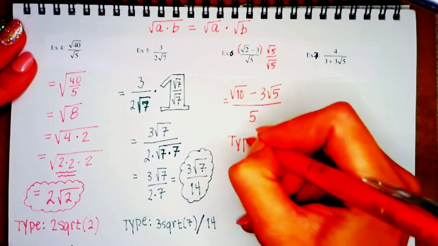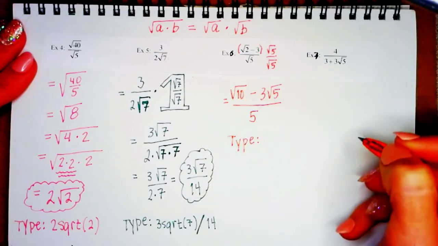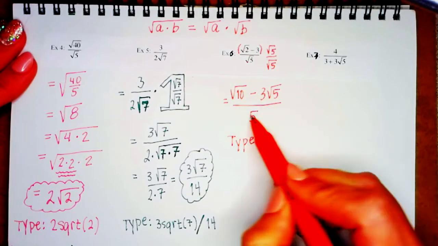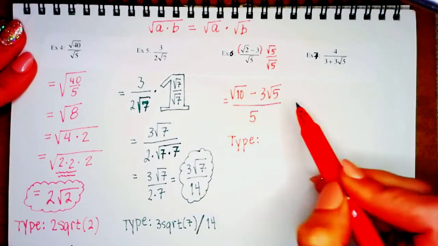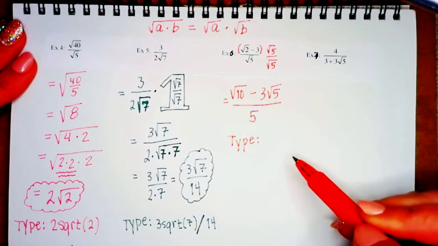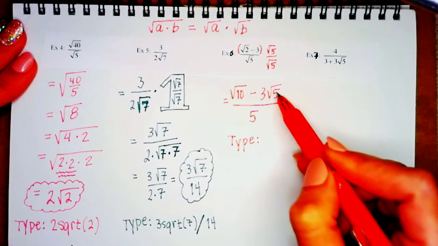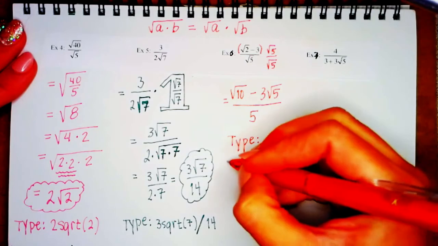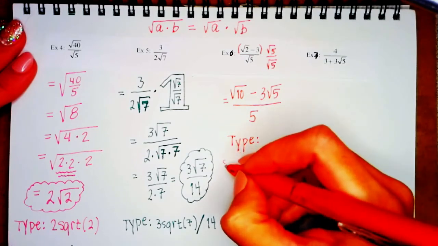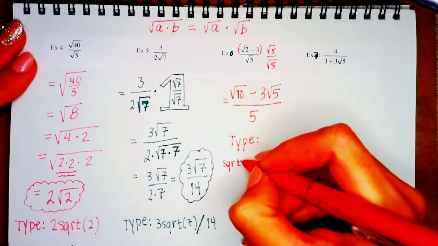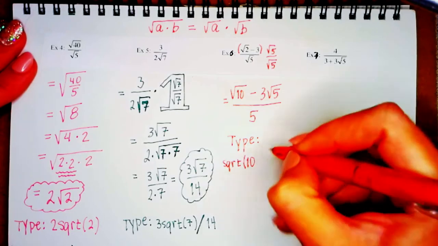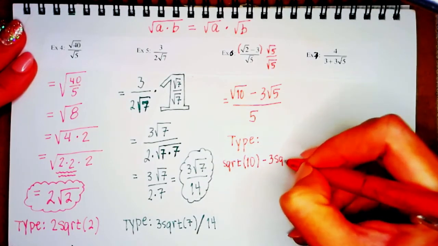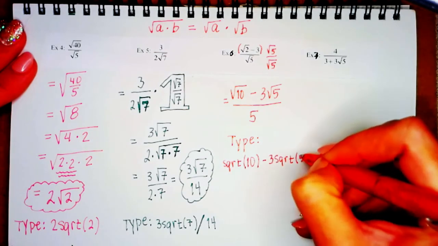Now, how would we type that answer? Parentheses are going to need to be involved. We will need parentheses around the whole numerator to indicate that the entire numerator is being divided by 5, not just the last term. Otherwise, that's what it will look like, okay? So I'm going to start it under here a bit. We will have SQRT, parenthesis 10, close, minus 3 SQRT, parenthesis 5.